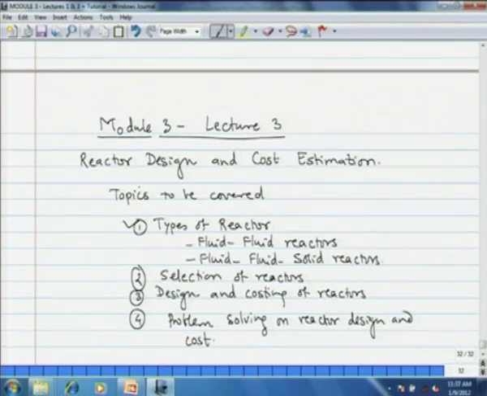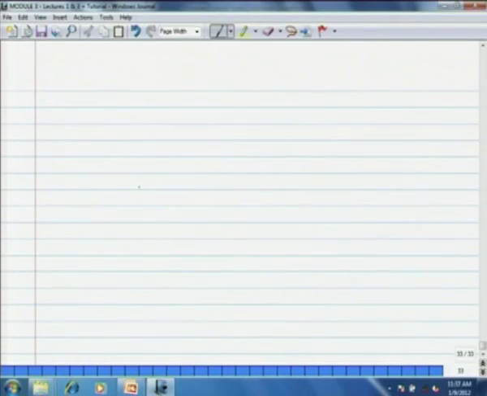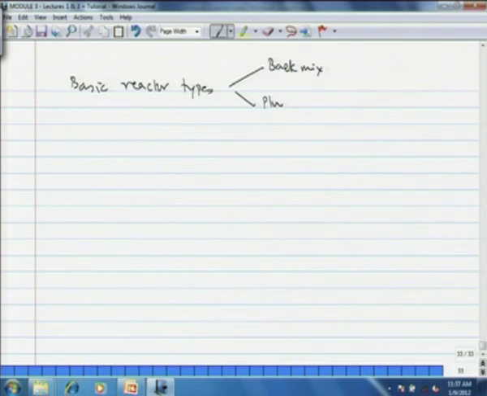I already told you that basic reactor types are two: the back mix reactor and plug flow reactor. The back mix reactor is either a batch reactor, in which the reactants are taken once and the system is closed till the reaction is carried out, or it could be a continuous stirred tank reactor, where the contents are mixed like the batch reactor.